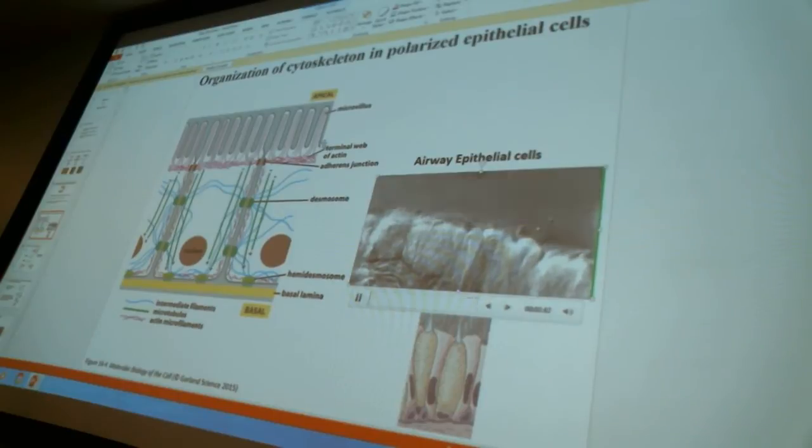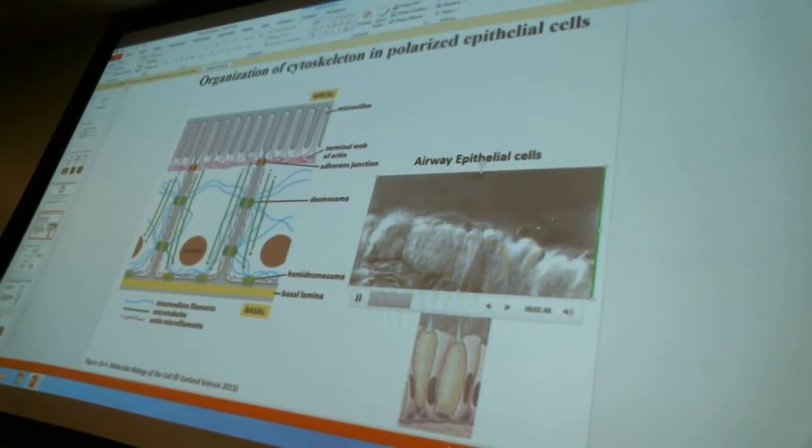And then we see a quite extensive network of intermediate filaments which connect neighboring cells through specially organized structures on the sides of the cells, and also at the bottom, forming connections with the basal lamina between the cells and the bottom side of the cell. So this is through the basal side of the cell.